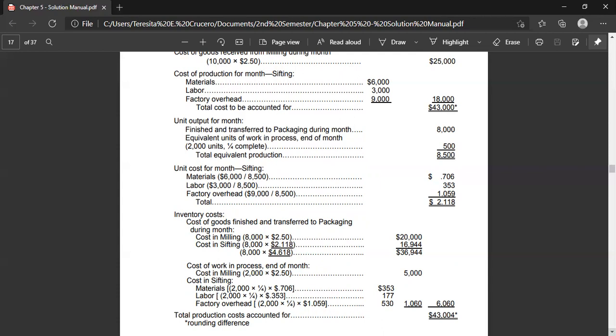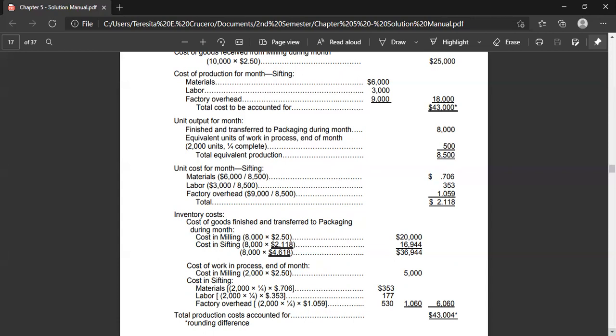So you get 0.353 as the small number. You get 177 and factory overhead equal to 1.059. So you now get the amount of the inventory here with the total of 6,060.